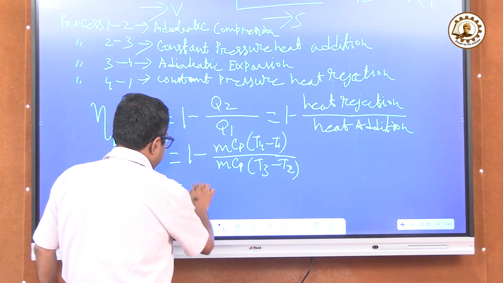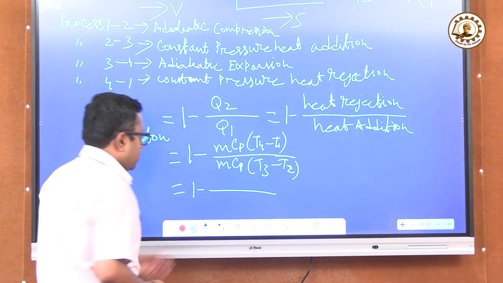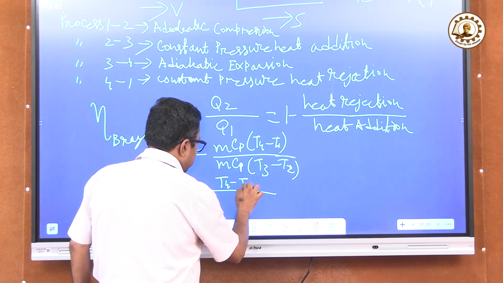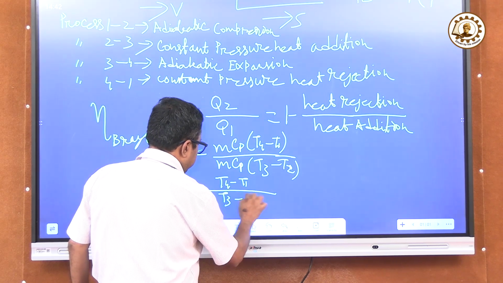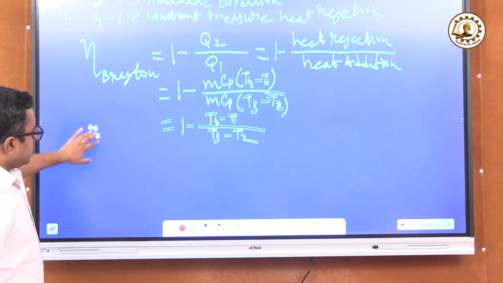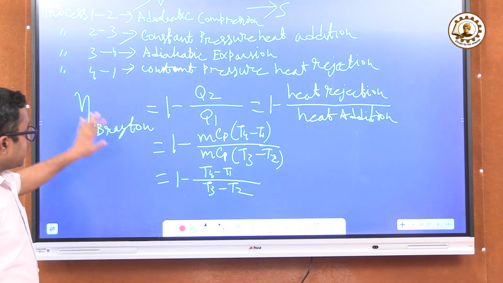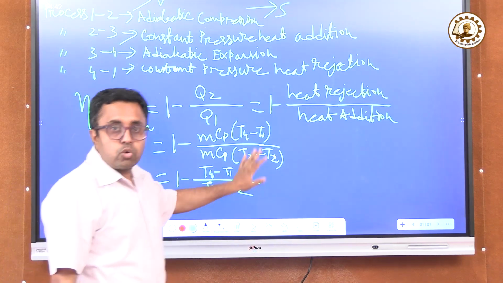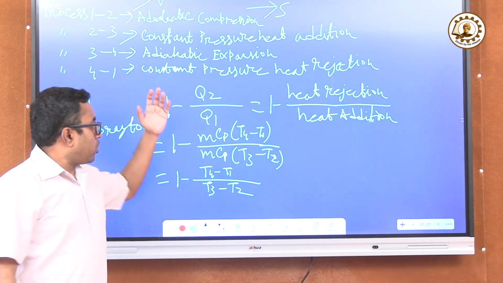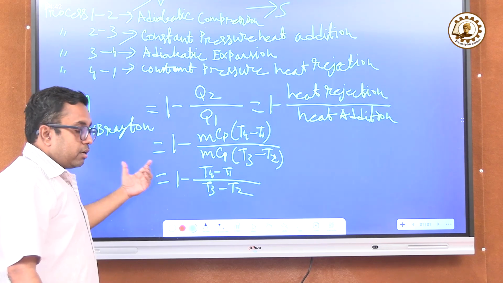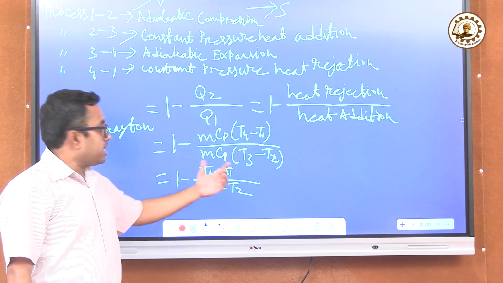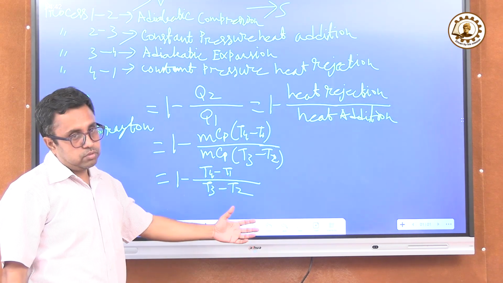As the value of m is not 0, this looks like 1 minus (T4 minus T1) by (T3 minus T2).